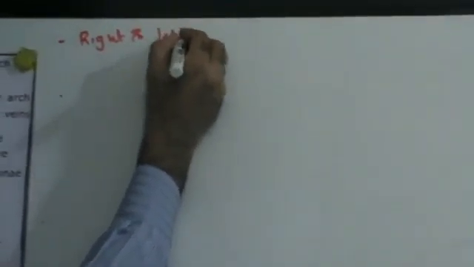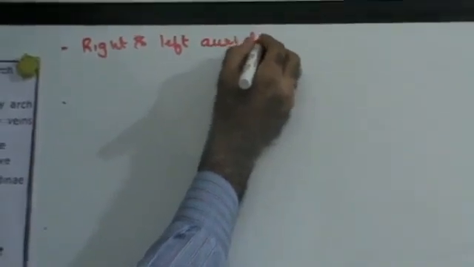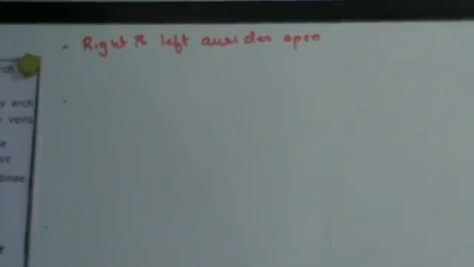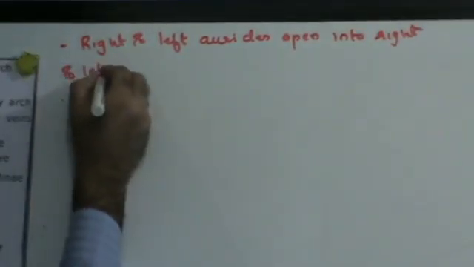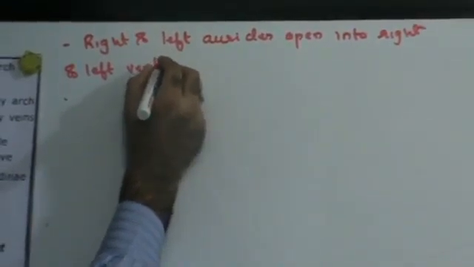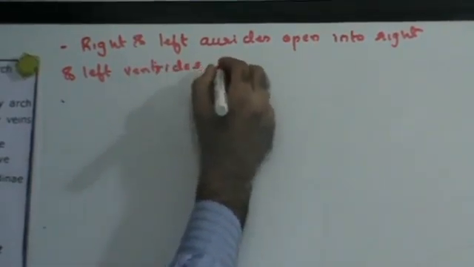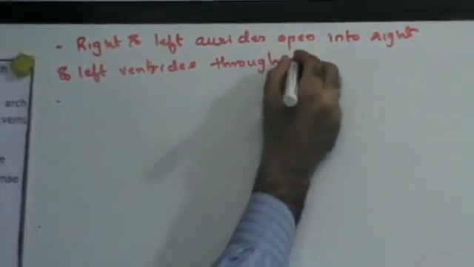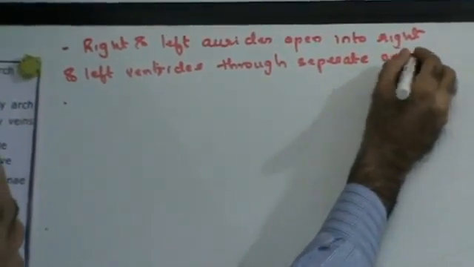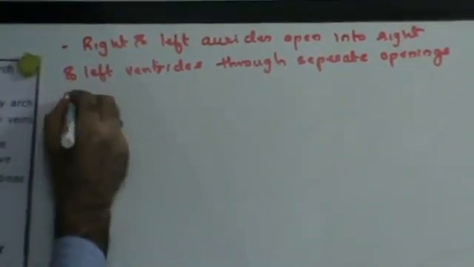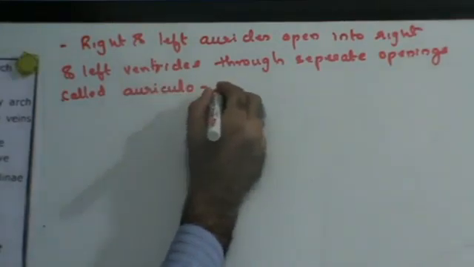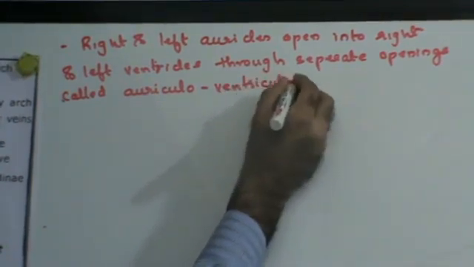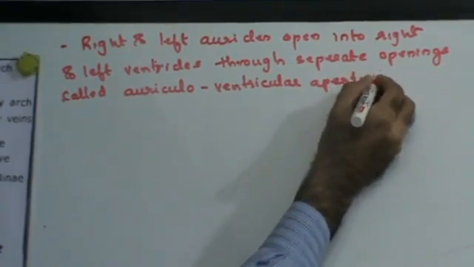I can say that the right and left auricles open into the right and left ventricles through separate openings called auricular ventricular apparature. Right?